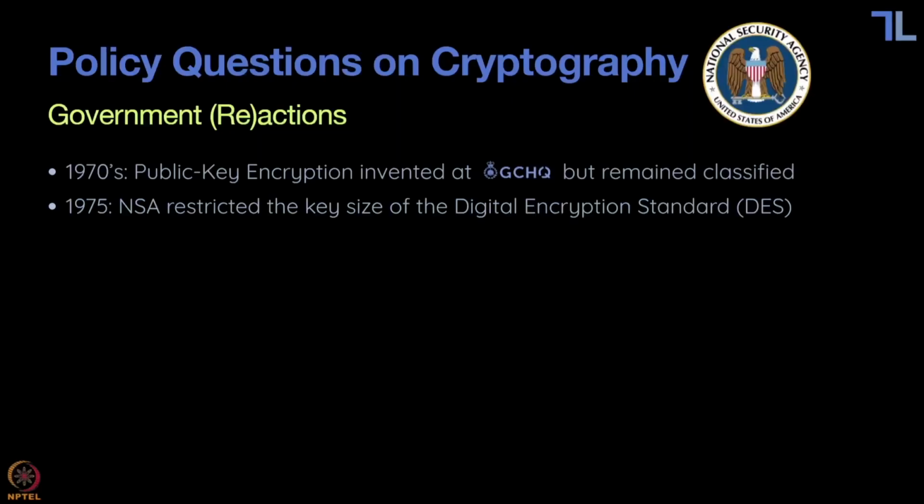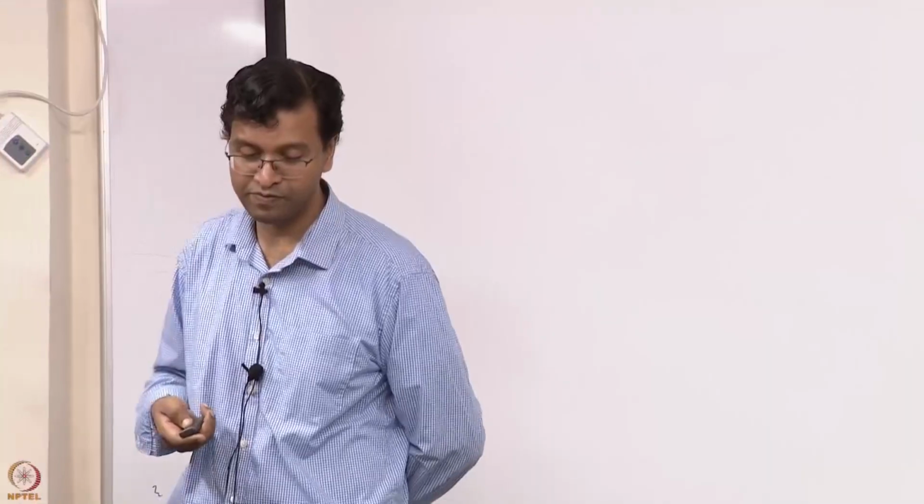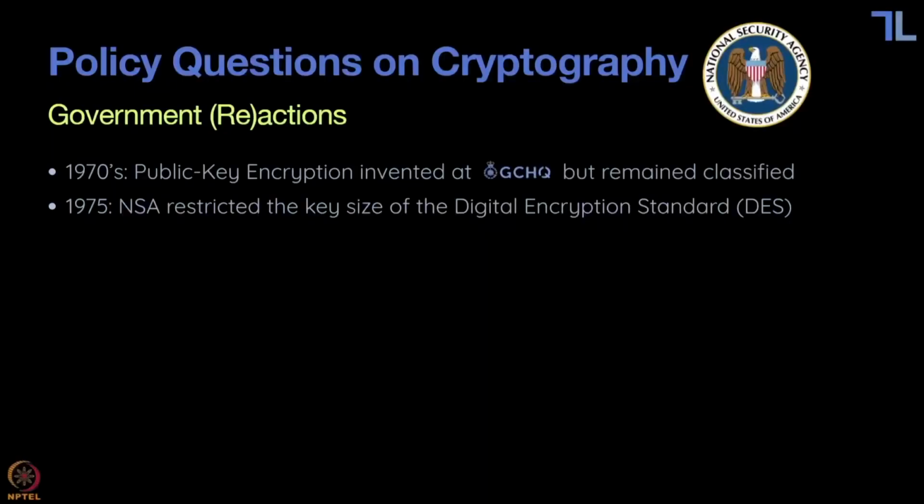In 75, when block ciphers were getting standardized, NSA restricted the key size of DES, the Data Encryption Standard, so that it would be breakable with a lot of computational power, but still, they didn't want it to be too strong.